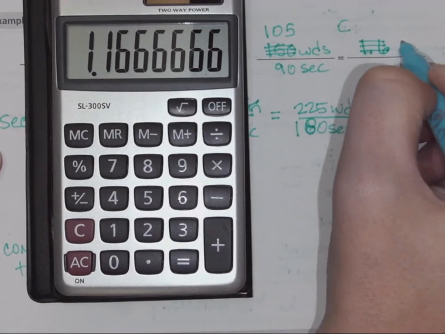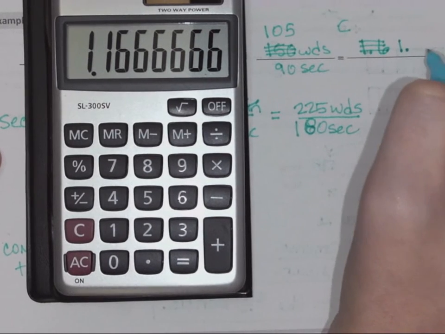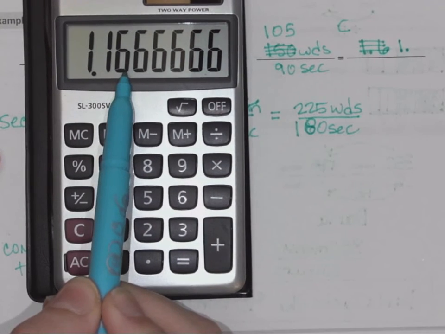Yes, ma'am. We're rounding to 2 decimal places, so I should have 2 numbers after the decimal.